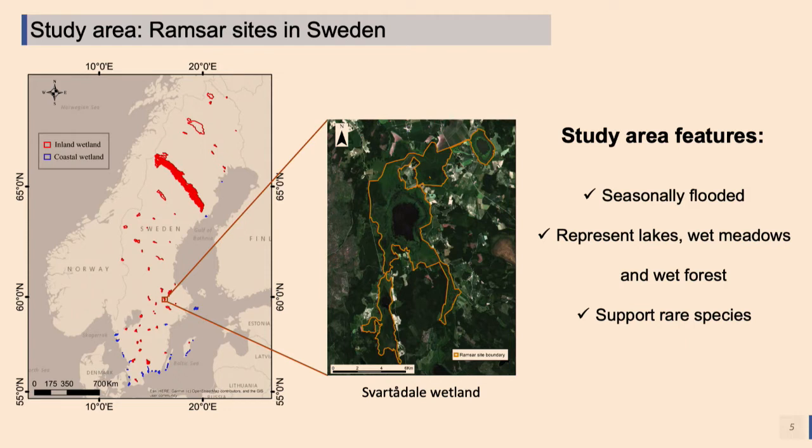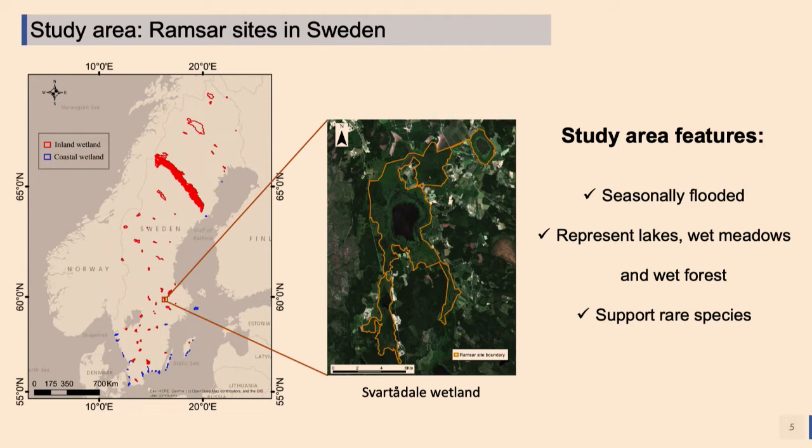As a case study, we selected one of the wetlands, which is near Stockholm, which gave us the opportunity to go there and gather some field data. The other feature of this wetland is that it's temporarily flooded during the different seasons. From spring until the end of summer, we have flooded areas in the wetland, so we can use the satellites to detect these changes and see what's going on.